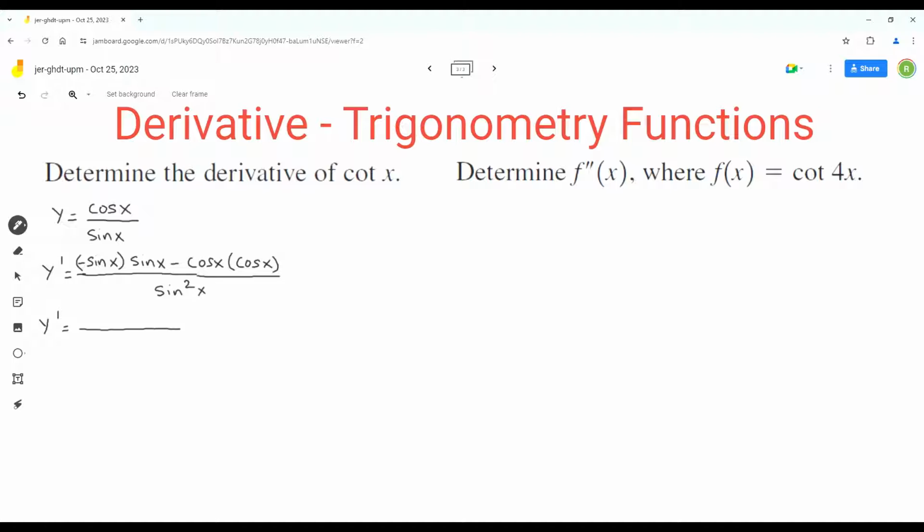Now we can simplify the numerator expression. So negative sine x times sine x is negative sine square x. And then negative cos x times cos x is negative cos square x. Over, now in the numerator, we can factor out the negative from both terms.